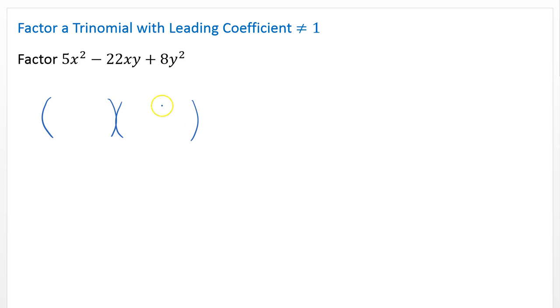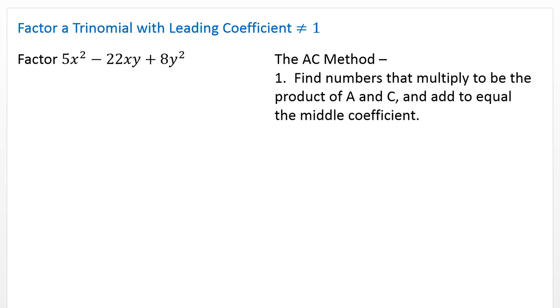And so a 1 and an 8, a 2 and a 4, playing around would work. But I don't suggest that method because sometimes it takes students a long time to do just trial and error factoring. So I'm going to show you a method that I always teach, and that's called the AC method.